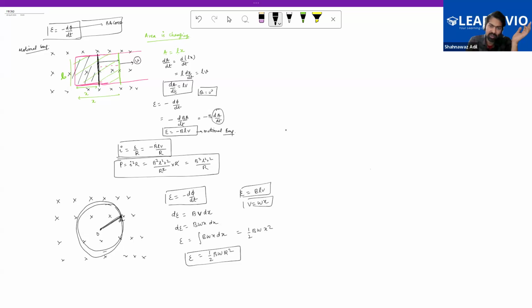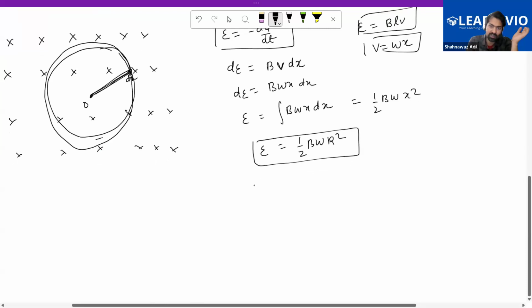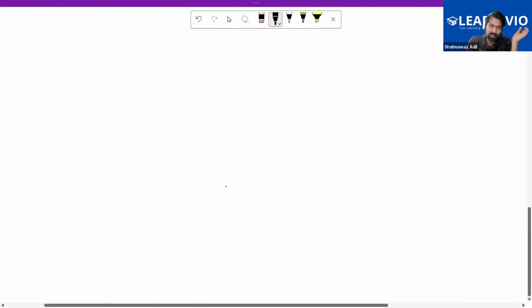And now let us talk about inductance, right? What is inductance? But before we talk about inductance, let us talk about the law of inductance.